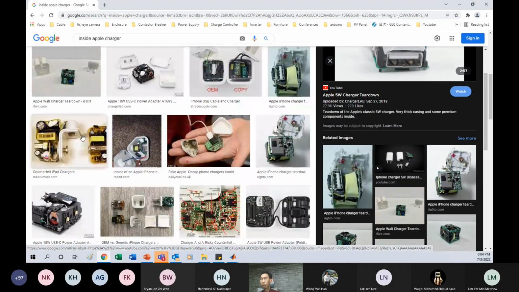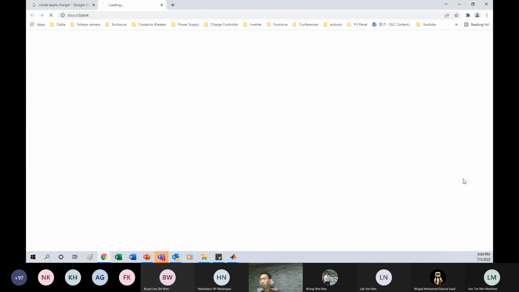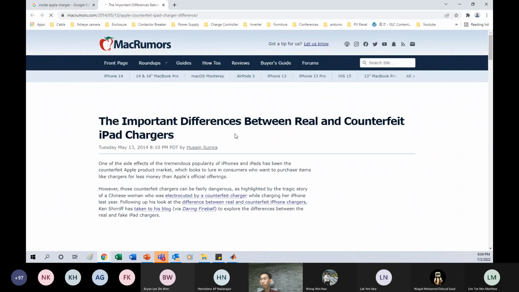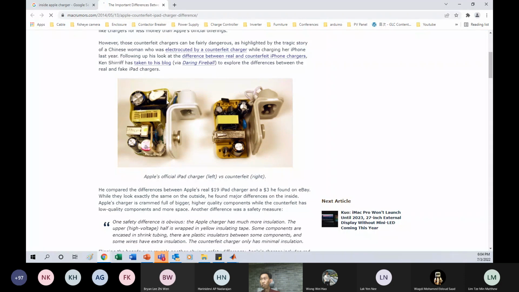And this one, counterfeit and an iPad. So it's the quality of the transformer. Of course the original one. If you go into the website, they will actually explain. Real and counterfeit iPad charger. So this is the original one. You can see that first of all, the capacitor they use is bigger, meaning higher wattage.